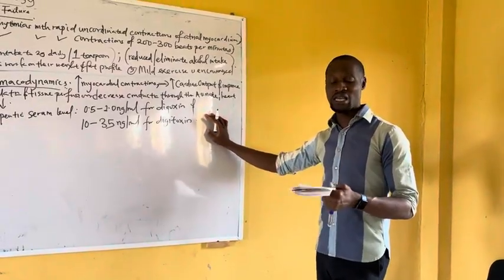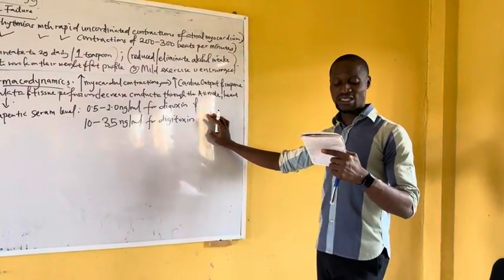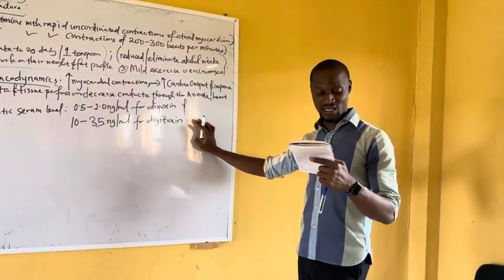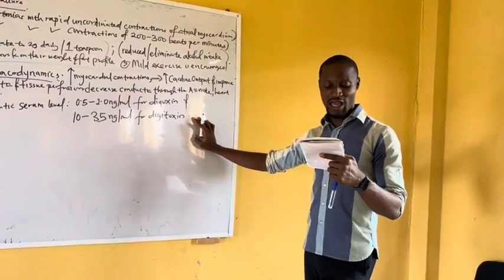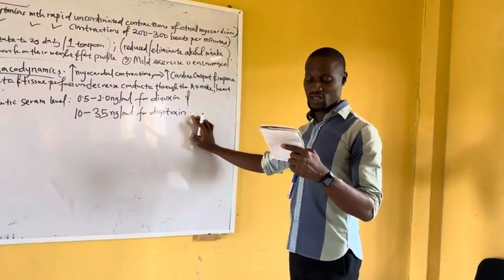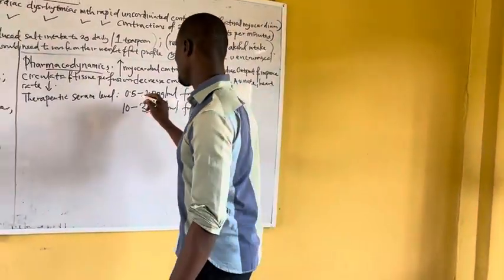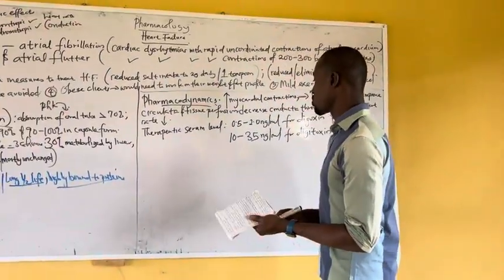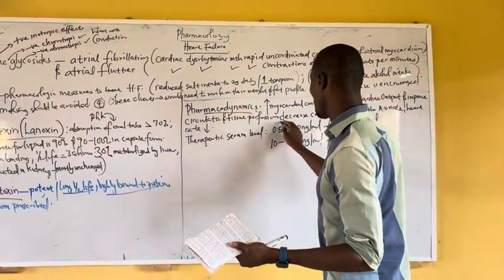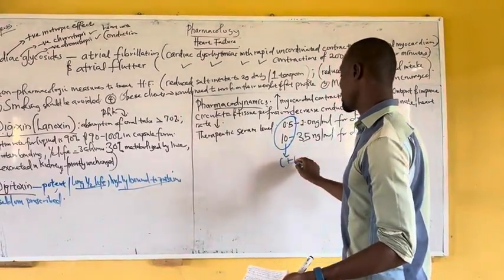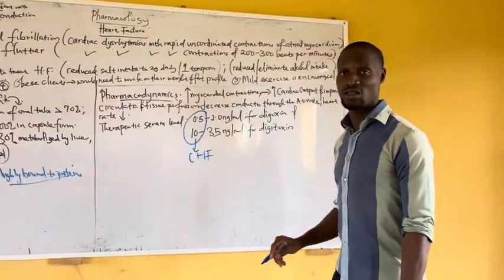So to treat CHF, the lower therapeutic serum level should be obtained, and for atrial flutter or fibrillation, the higher levels are required. So this is somewhat what we consider for CHF treatment.